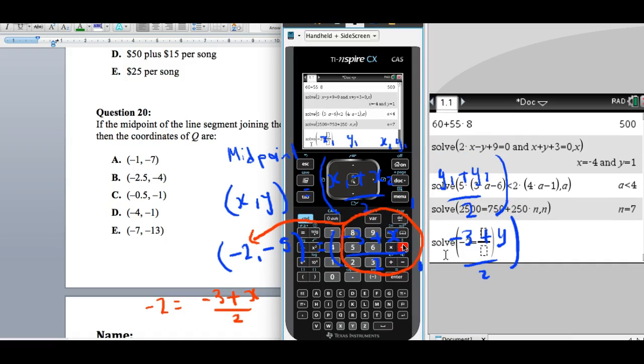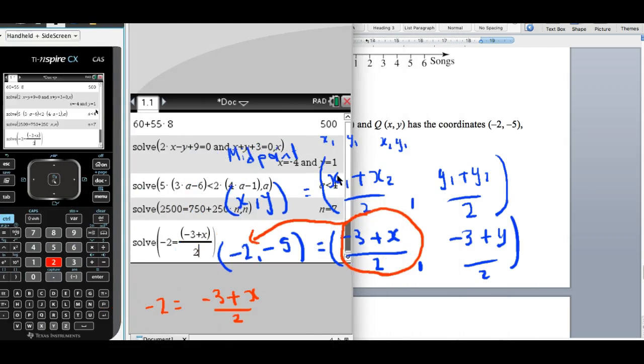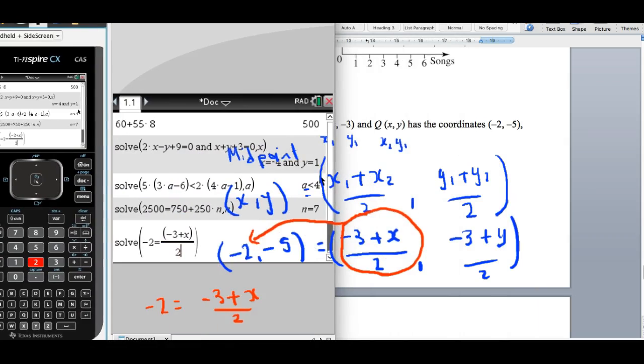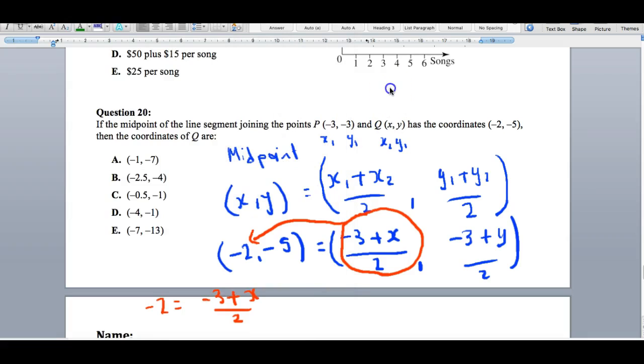I'm sorry for the writing over the top. Just make sure you use brackets, so -3 plus x over 2. If we move this calculator over here, you might be able to see it a bit better. We're solving for x, so comma x. That means x is equal to -1.